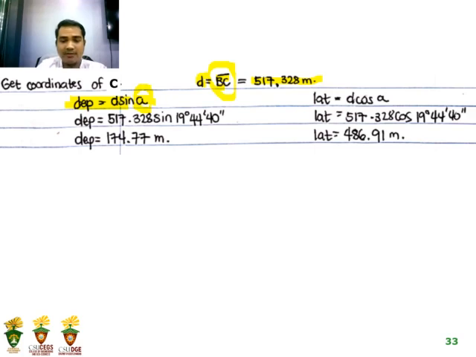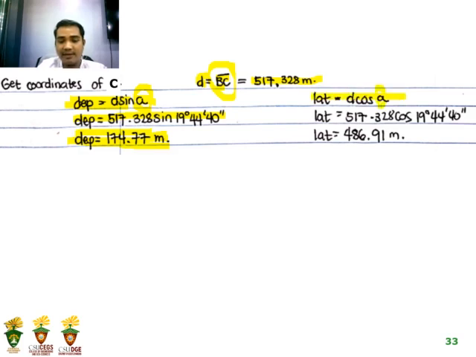So substituting the value, departure is equals to 517.328 sine 19 degrees, 44 minutes and 40 seconds. So we will be having a value of departure is equals to 174.77 meters. And for latitude, we have here the formula d cosine alpha.